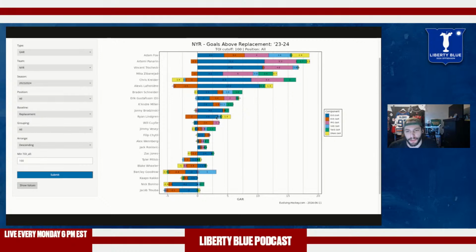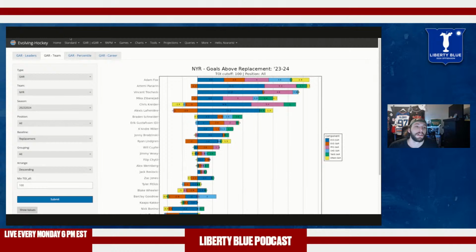Okay, the color blue, dark blue, that is even strength offense, goals above replacement. That's good, 3.4 above replacement. Defense, -2. This is a defense-first defenseman. You would want him to be on the positive half of that chart. You see, Schneider gives them 3.3 offense, 0.9 defense. It is hard to provide excess value defensively because defense is inherently harder than offense.